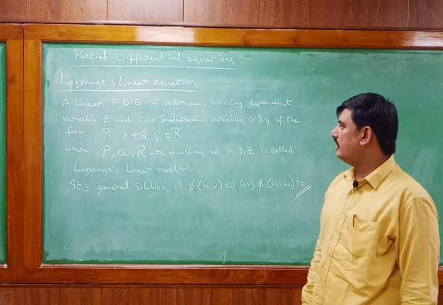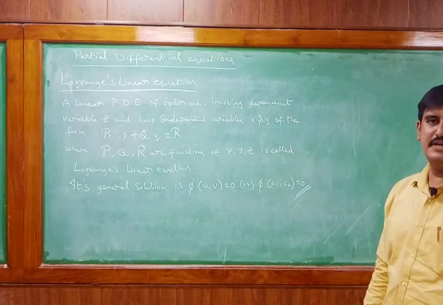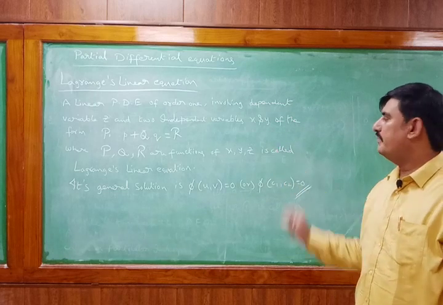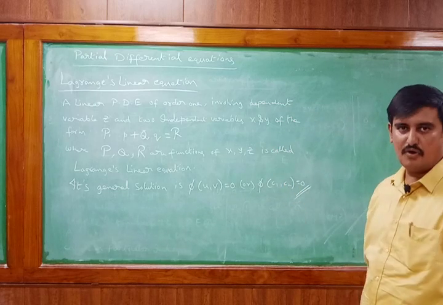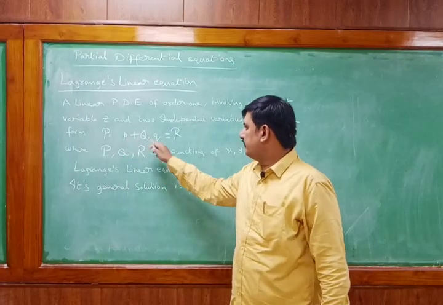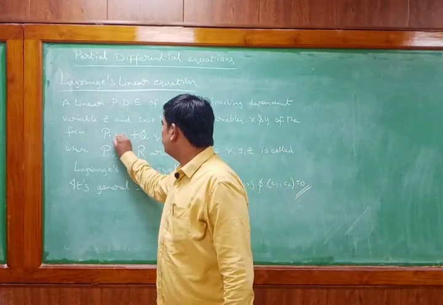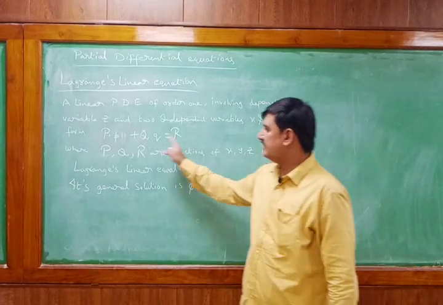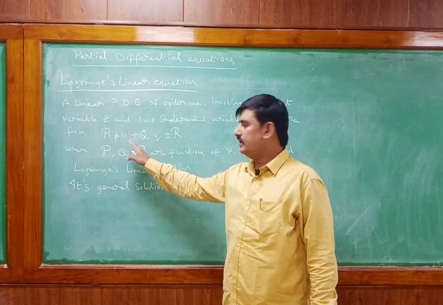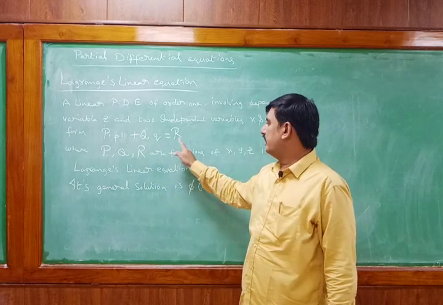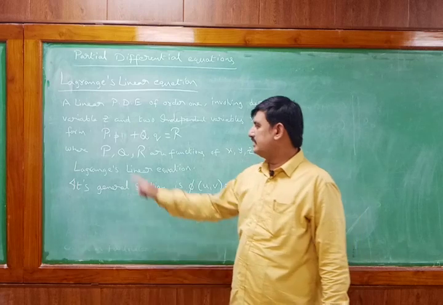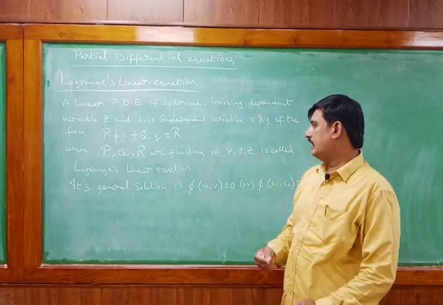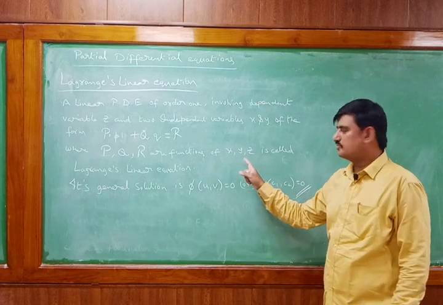A linear PDE of order 1, involving dependent variable z and two independent variables x and y, of the form capital P into small p plus capital Q into small q equal to capital R. What are capital P, capital Q and capital R here? Capital P, Q and R are functions of small x, y, z.